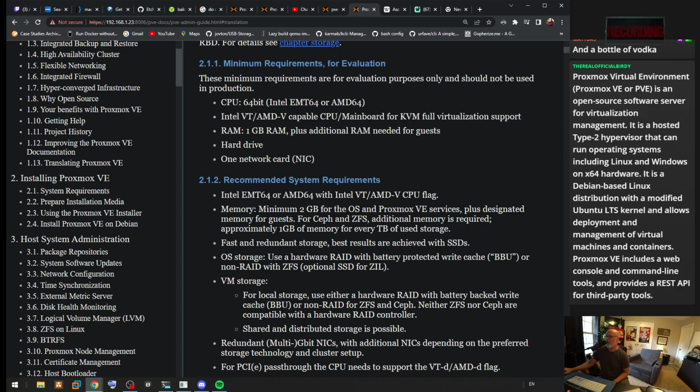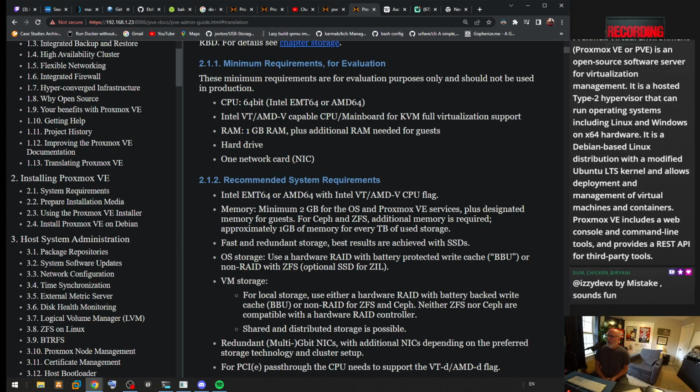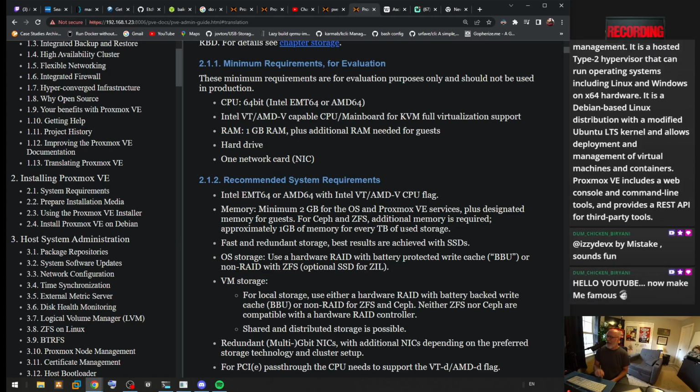For Ceph and ZFS, additional memory is required, approximately 1 GB of memory for every terabyte of used storage. That doesn't make any sense to me. Someone help me understand that. Let's read that one again.